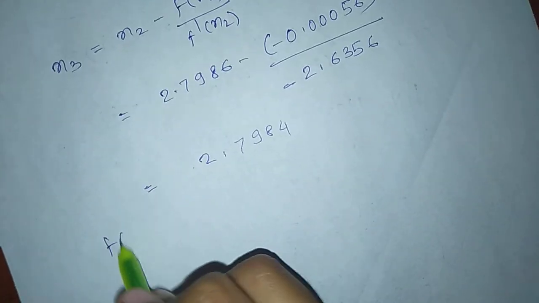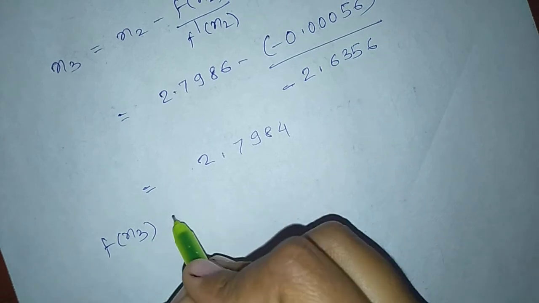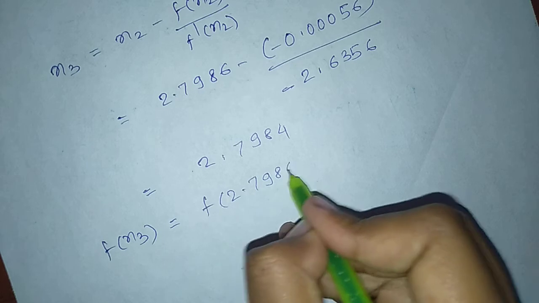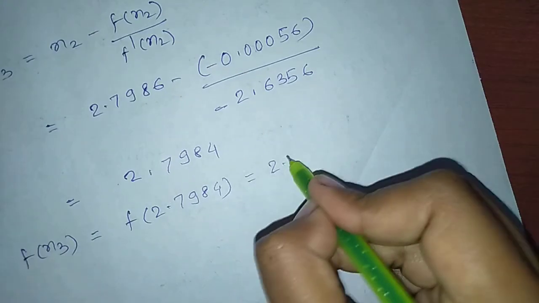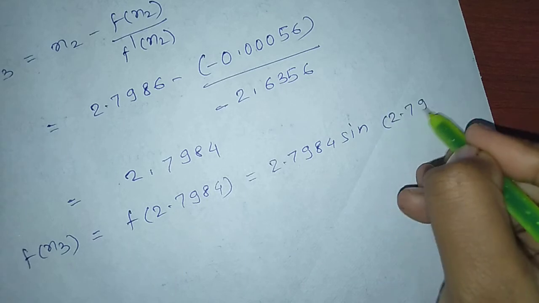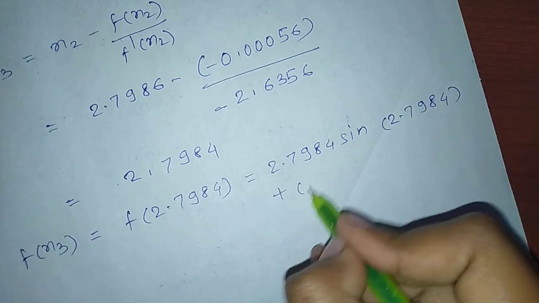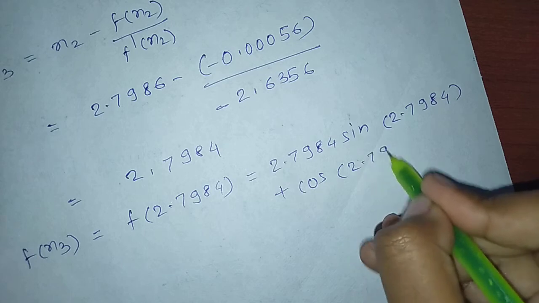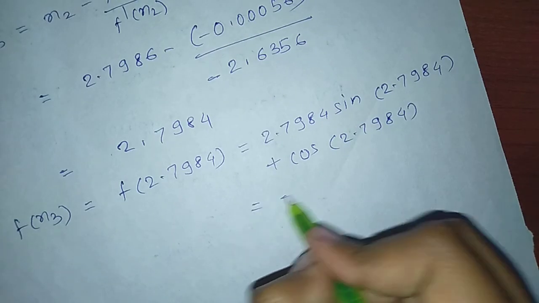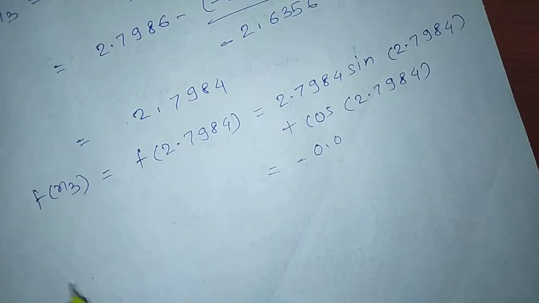Now calculate f of x3 and f dash of x3. f of x3 is f of 2.7984, equal to 2.7984 sin 2.7984 plus cos 2.7984, which is equal to minus 0.0 something.